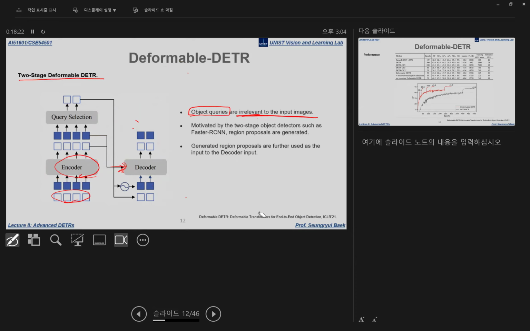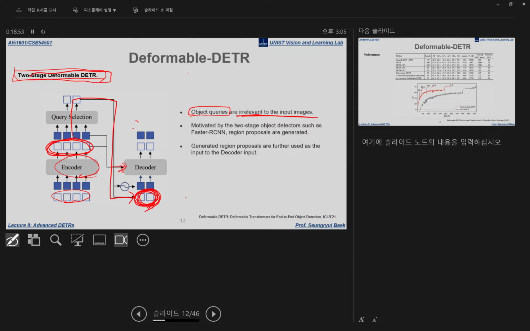And instead of using the object queries learned from the decoding process, in this two-stage deformable DETR, what they are doing is estimating additional output from the encoder part and using that as the object queries. That is the two-stage deformable DETR variant.